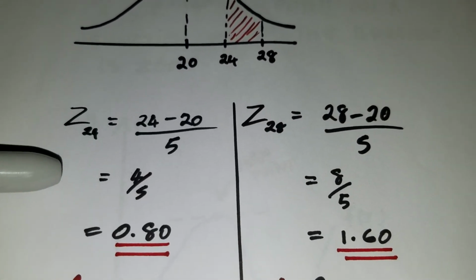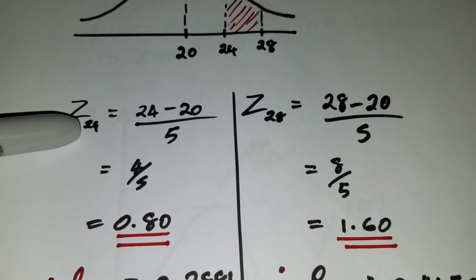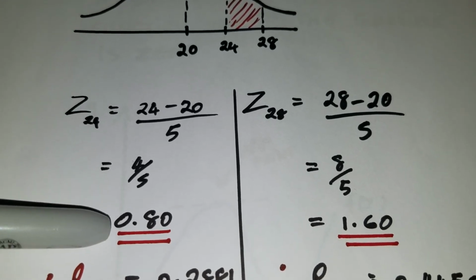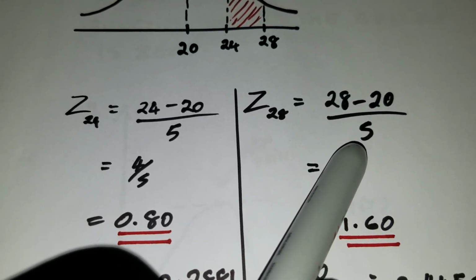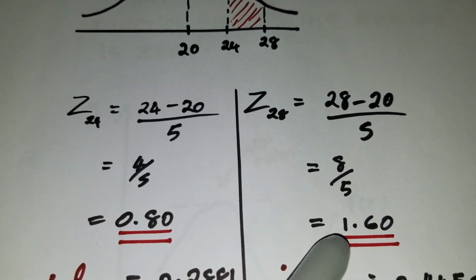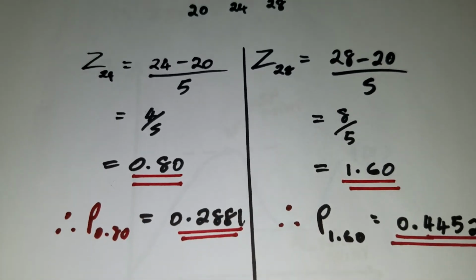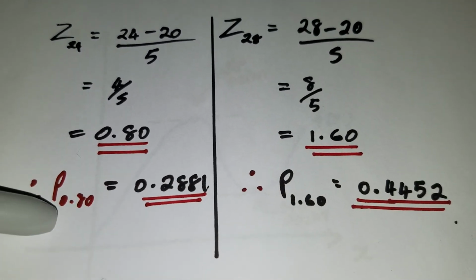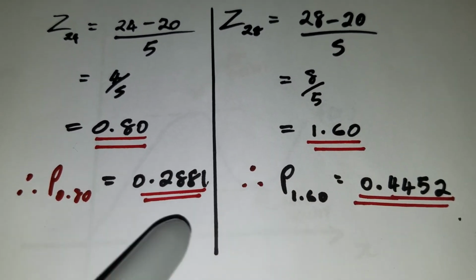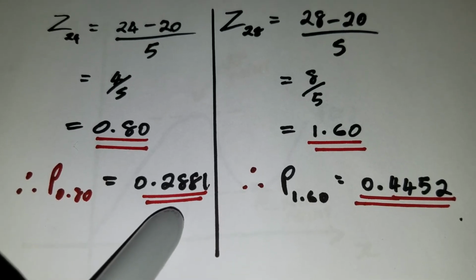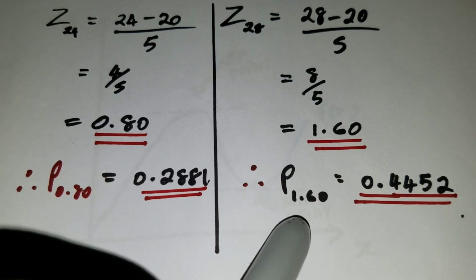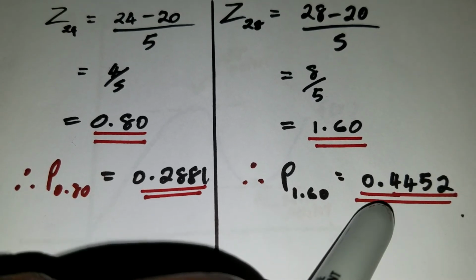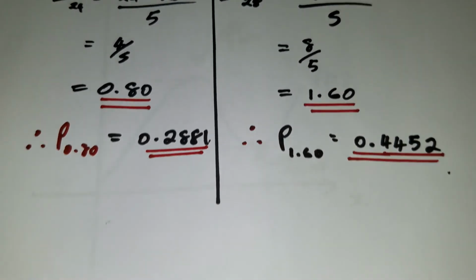We already know from the previous example that the z-score for 24 is 0.80, and the z-score for 28 is 28 minus 20 over 5, which gives us 1.60. The probability for a z-score of 0.8 is 0.2881, while the probability for a z-score of 1.60 is 0.4452.